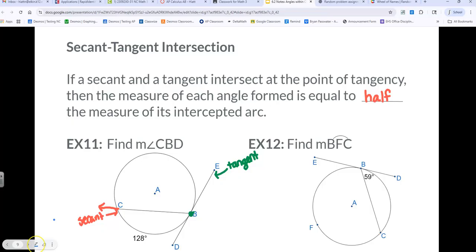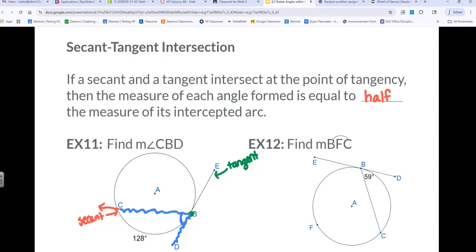So this problem here says find angle CBD. So CBD is this angle right here. Now that is not an inscribed angle because an inscribed angle has to have both of its endpoints on the circle, but its vertex is on the circle.